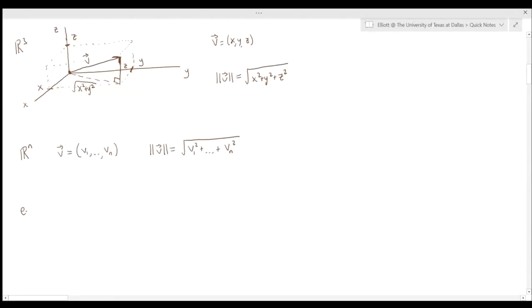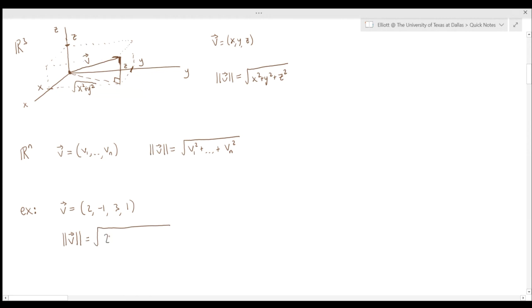And let's just do a quick example. So let's say I have a vector v in R4. So if you wanted to compute the length of this vector, even though you can't visualize it because it's in 4 dimensions, we can still apply the formula for the norm.